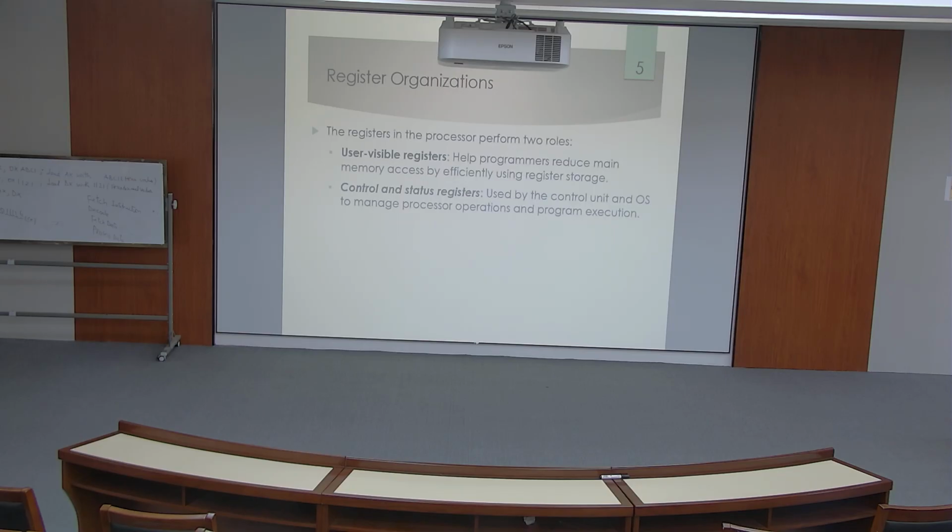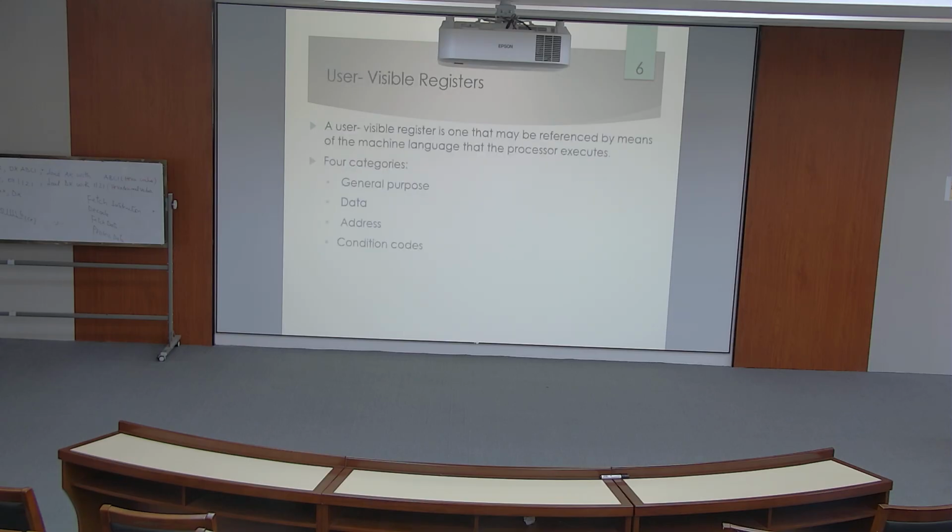We have the control and status registers, which are used by the control unit as well as the operating system to manage processor operations and program execution. For user visible registers, we have 4 categories: general purpose registers, data registers, address registers, and condition codes.